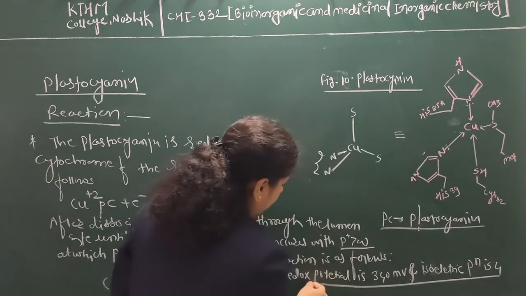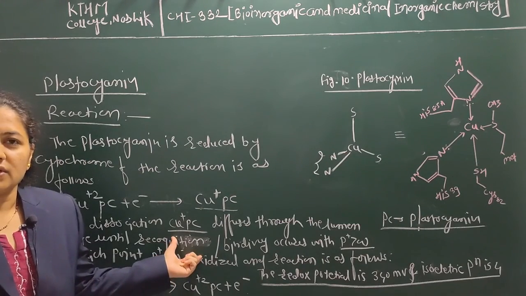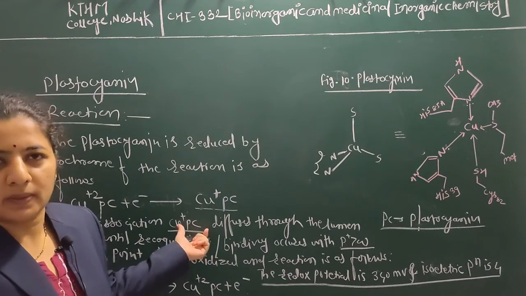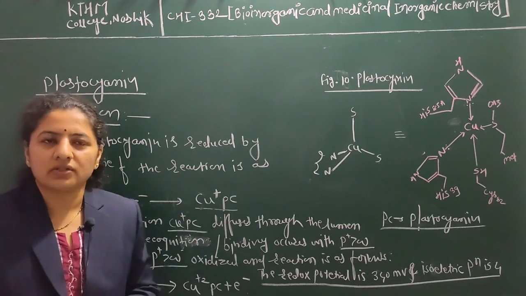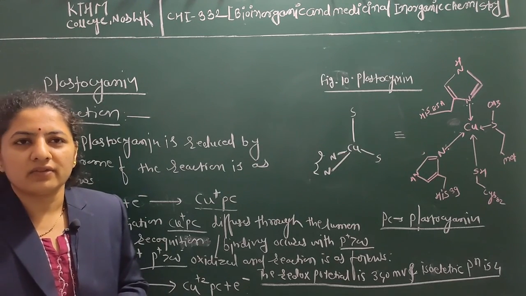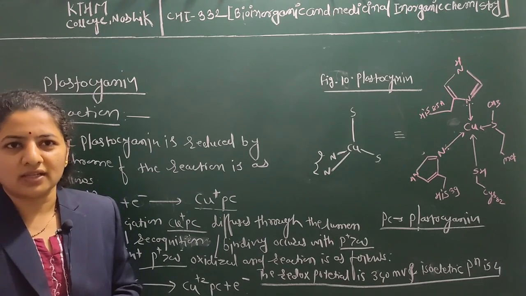So these are the important physical parameters for the reactions done by the plastocyanin in the chloroplast. So these are the overall structure, function and reactions of plastocyanin. In the next lecture we are going to discuss the next metalloenzyme of copper, that is tyrosinase. Thank you.